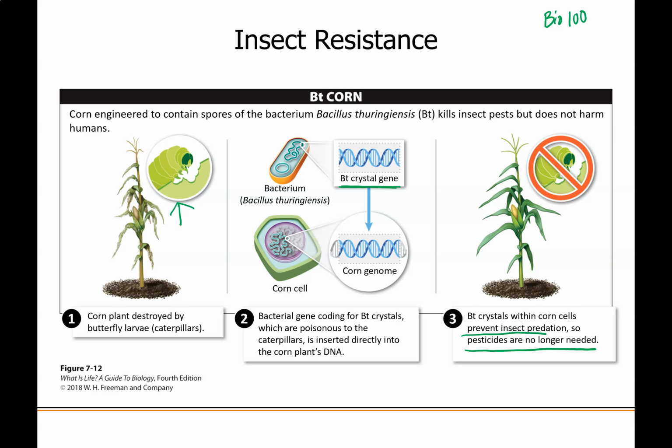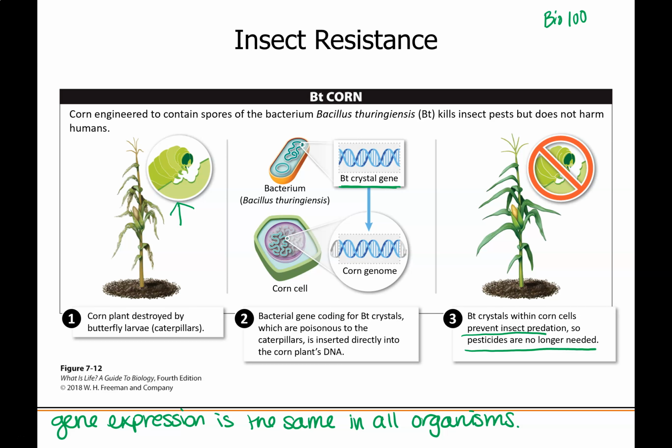Now, this works because this process of gene expression is the same or very, very similar in all organisms. All organisms on Earth use the same process of gene expression. So this gene from this Bacillus bacteria is going to be expressed in the corn cell just like it would in the bacterium.